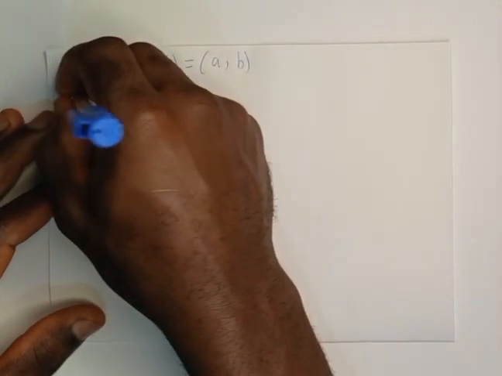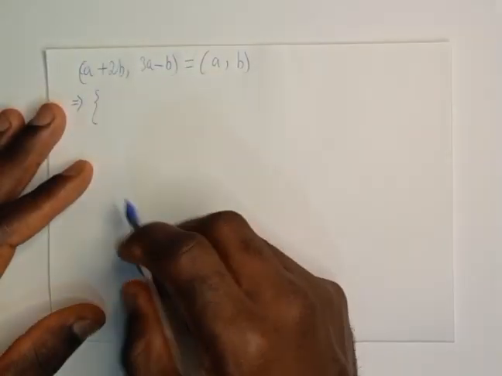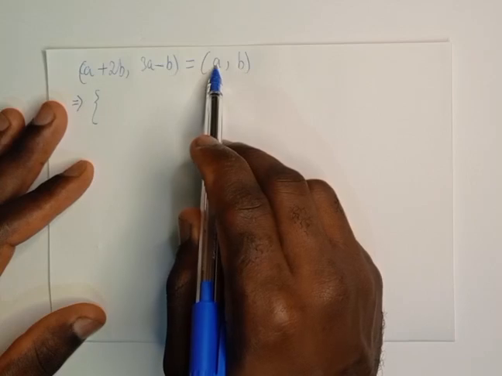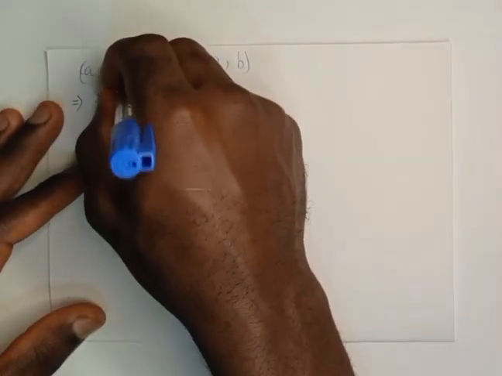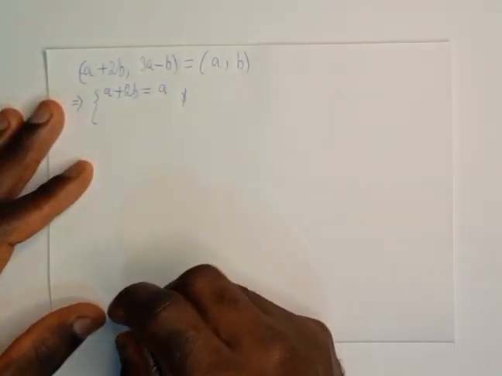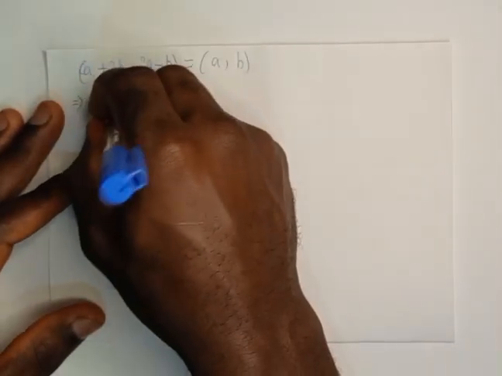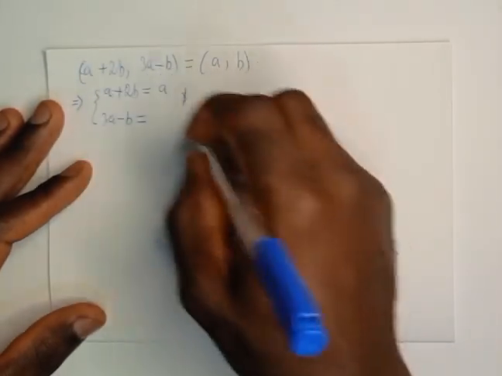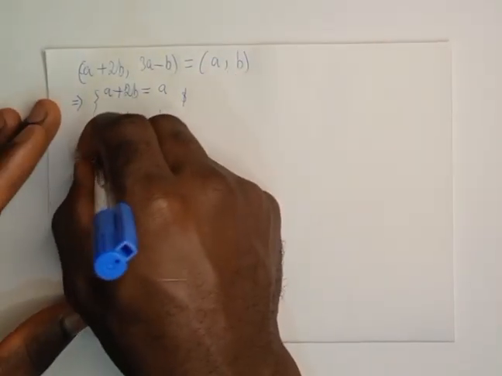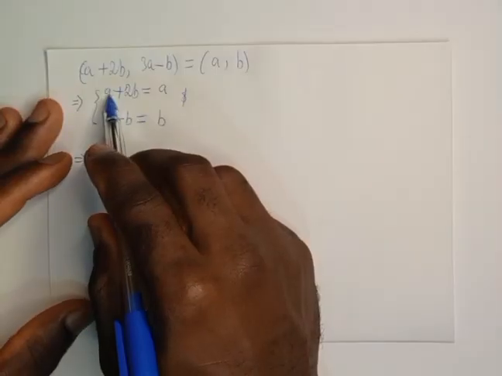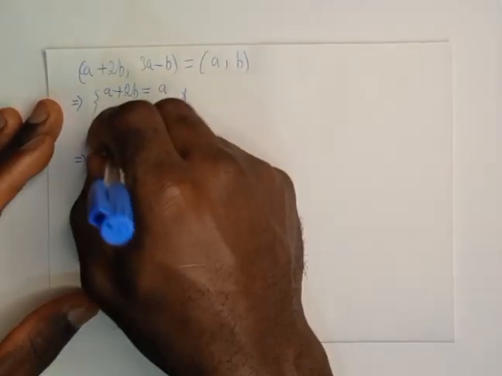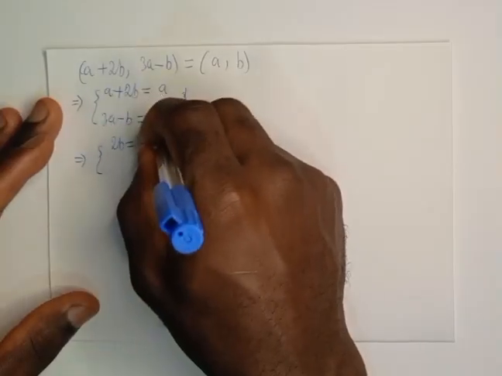Then this will give us a + 2b equal to a, since the x coordinates will be equal, and 3a − b equal to b, since the y coordinates will be equal. Transferring a to the right hand side becomes negative, this gives 2b equal to a − a.